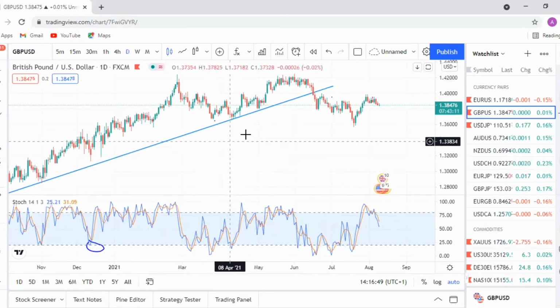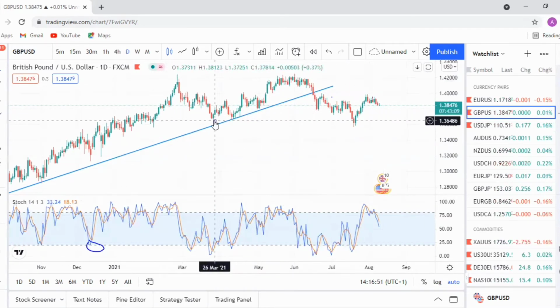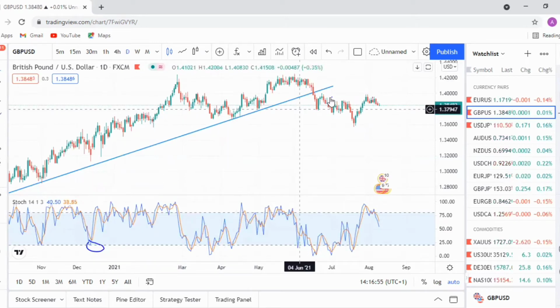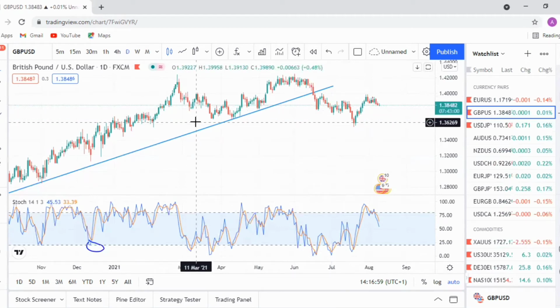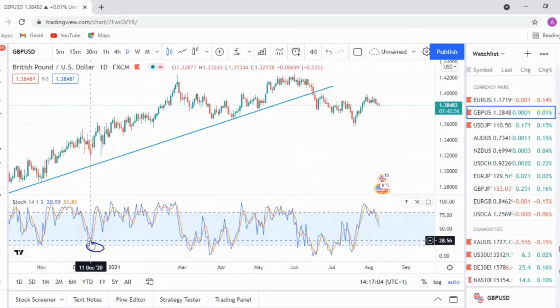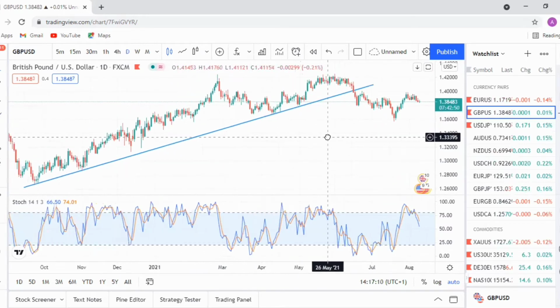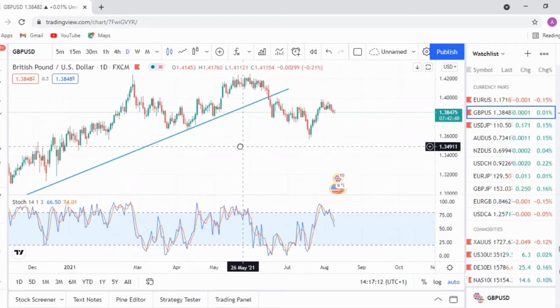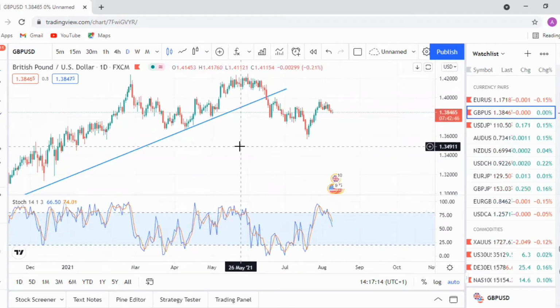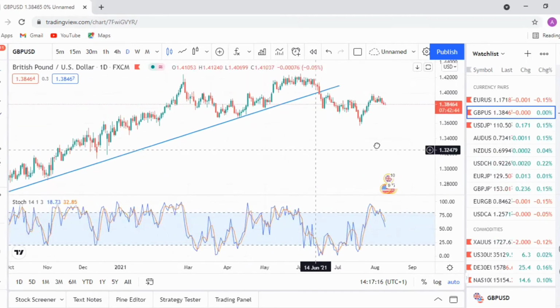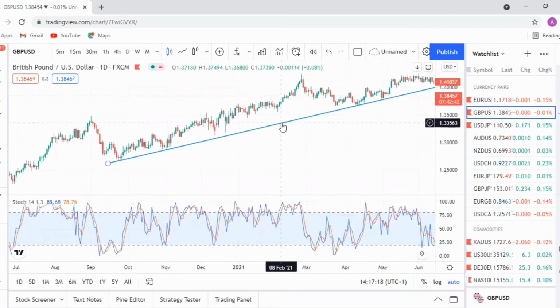But I'm not a range trader, I'm more of a trend trader. So for those who are trend traders, this is the best approach you can use your oscillators, and it will give you efficient results instead of just buying and selling at oversold regions. That's a no-go approach. It will do you more harm than good.